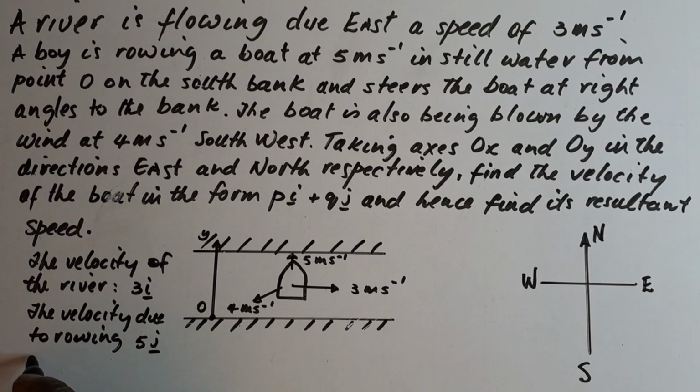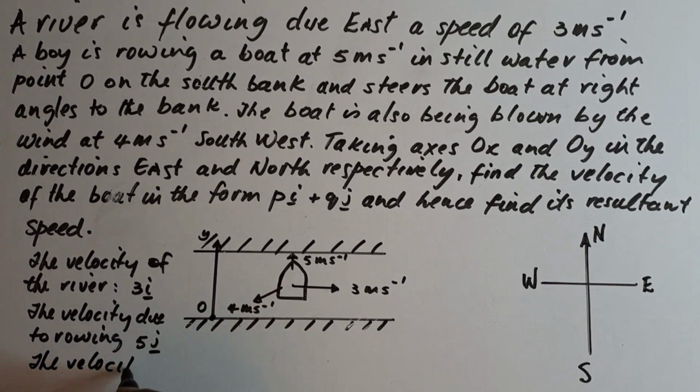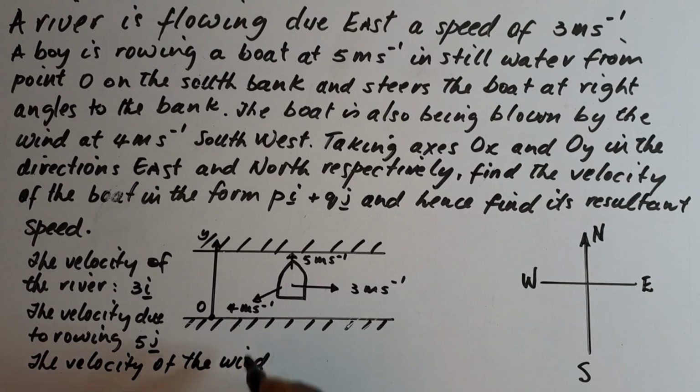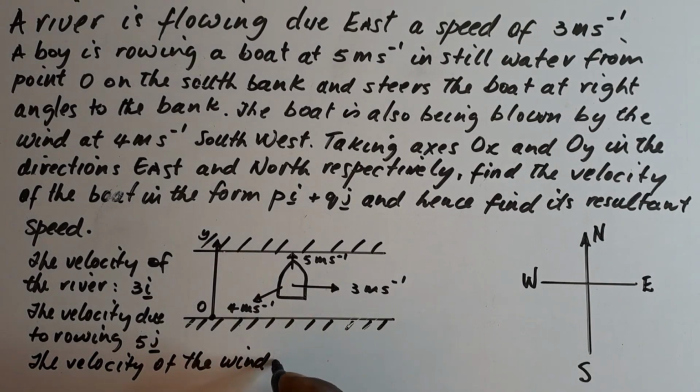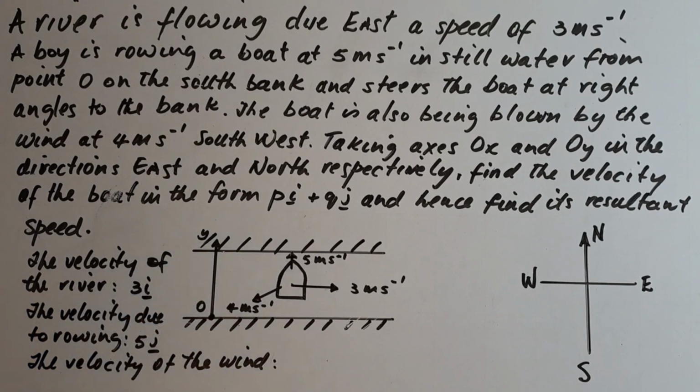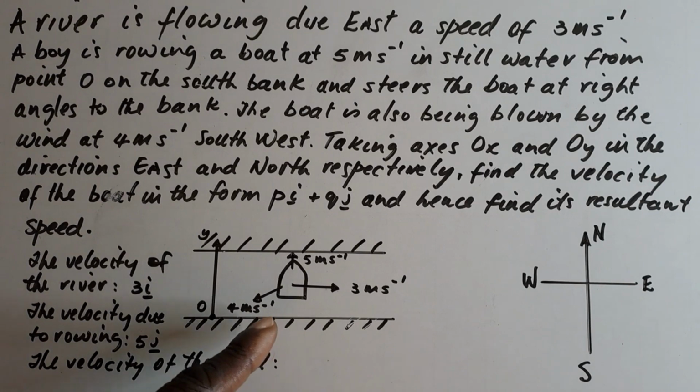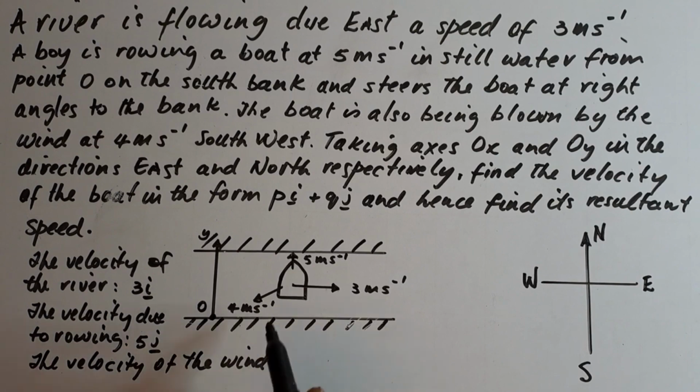Now we have the velocity of the wind. We're told that it's 4 meters per second southwest, and that's indicated by this arrow.